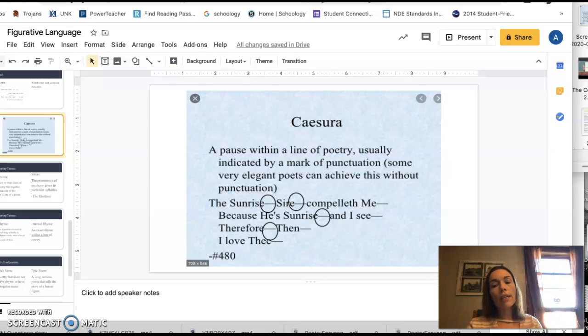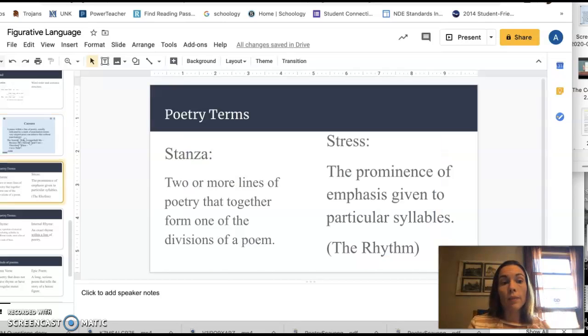You'll see a lot of it in some of your more famous poets, but it gives us a specific pause. Okay, it gives a very specific pause.